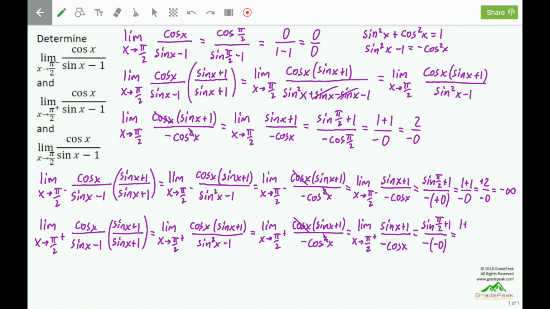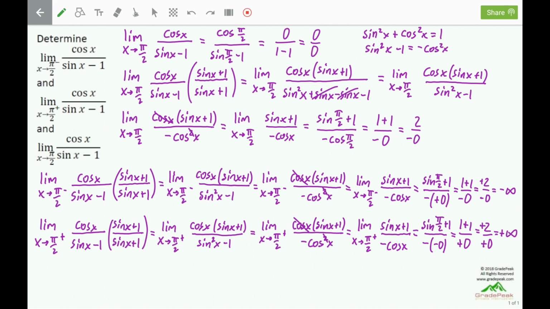Sine of pi over 2 is a 1 plus 1. A double negative is a positive 0. 1 plus 1 is a 2 over the positive 0. The 2 in the numerator is positive. Positive over positive is positive. Non-zero over 0 is an infinity. And there is the result of the right-sided limit.